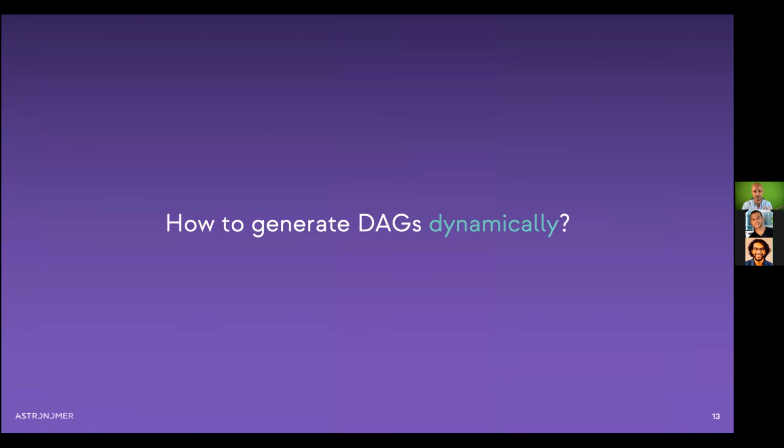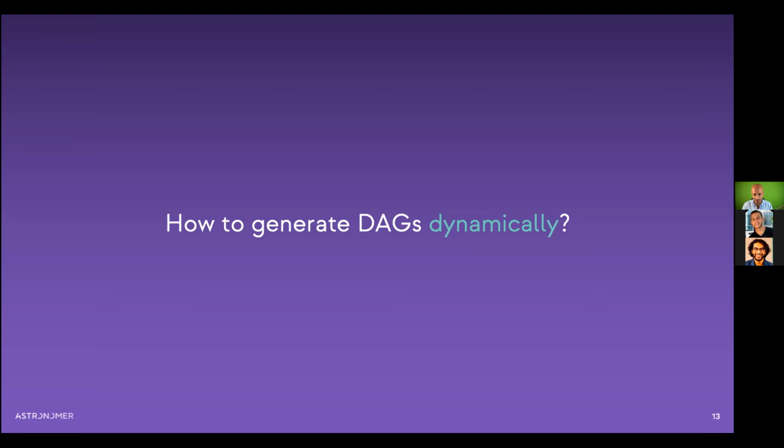There are many ways of doing it. One is the single file method, which I'm pretty sure some of you use right now, where you have your globals and you basically have your DAGs generated in a single Python file. And you have the multi-files method where you generate your DAGs using a template and a script by leveraging JSON. Now, today, I would like to show you how to do it with Jinja.